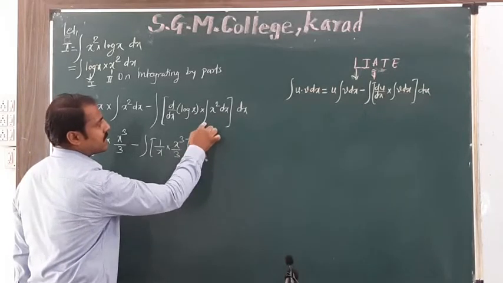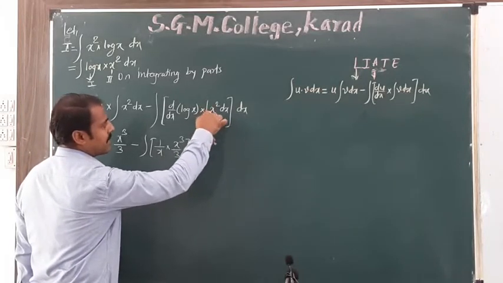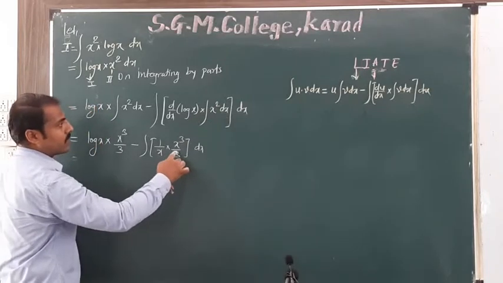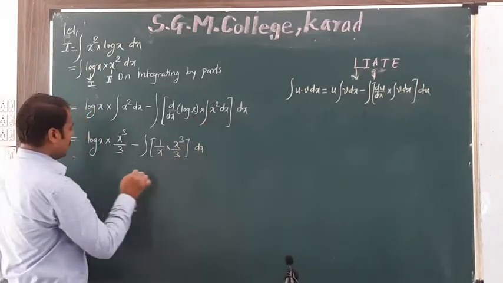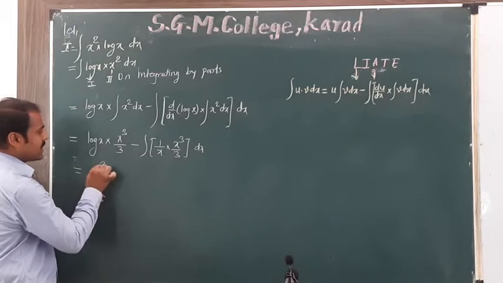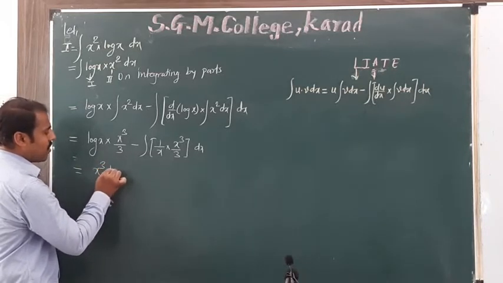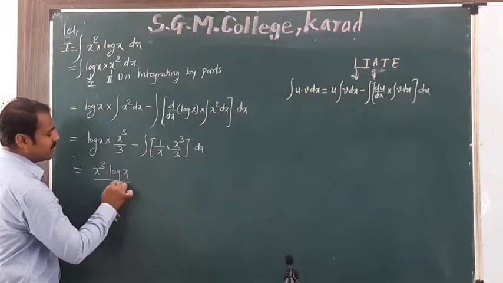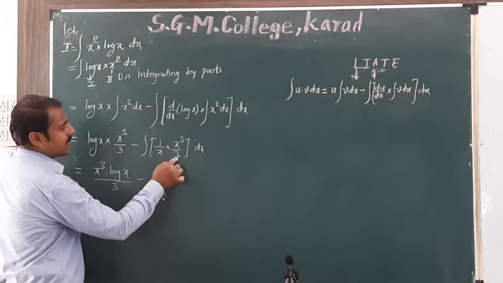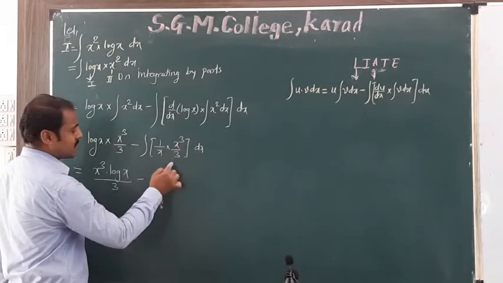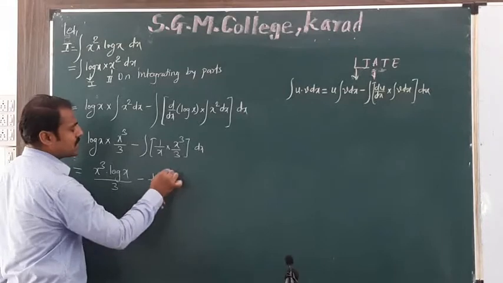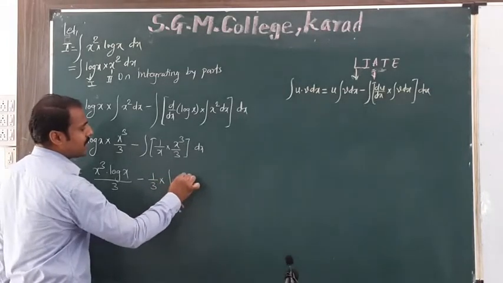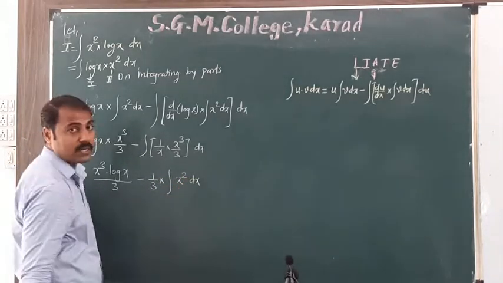This dx is for that integration. This can be written as x cube into log x divided by 3 minus, here 1 upon 3 is constant, take it outside the integration, 1x gets cancelled, what remains is x square, integration of x square dx.